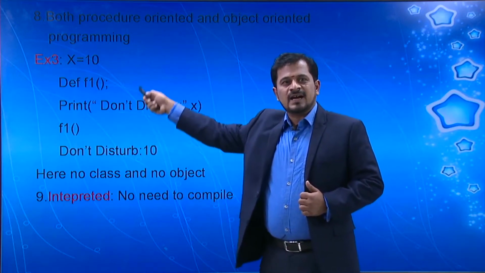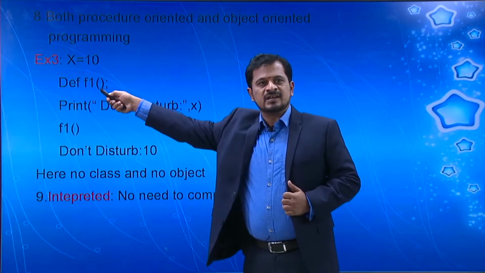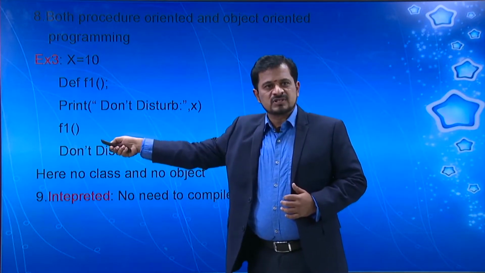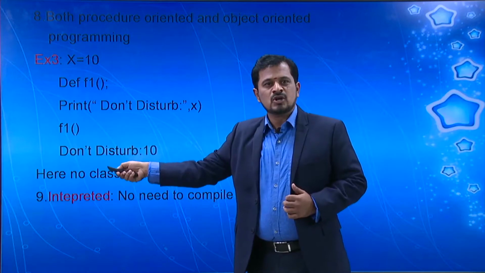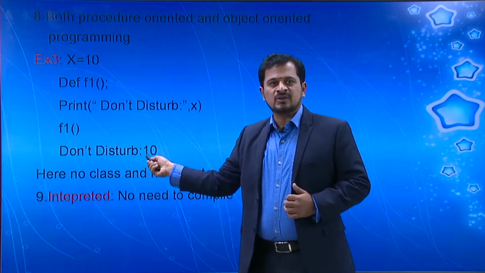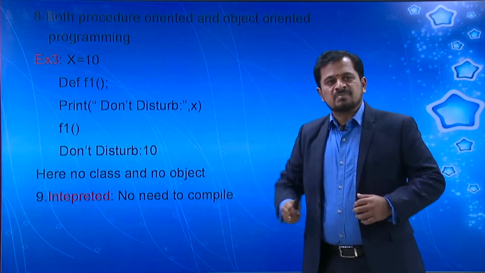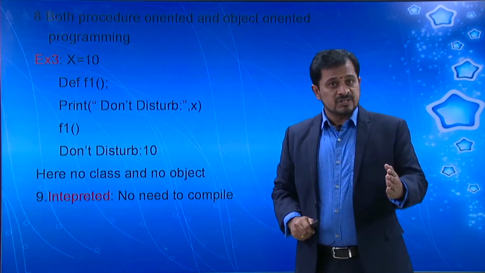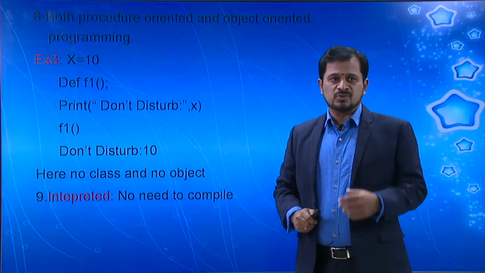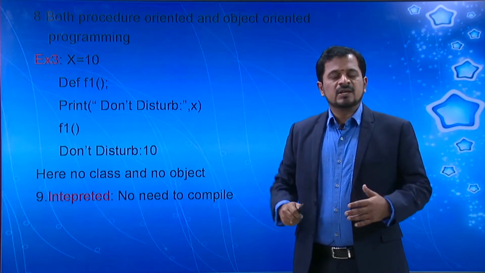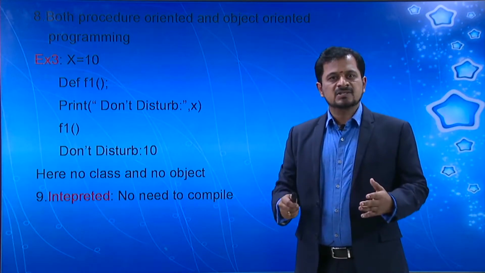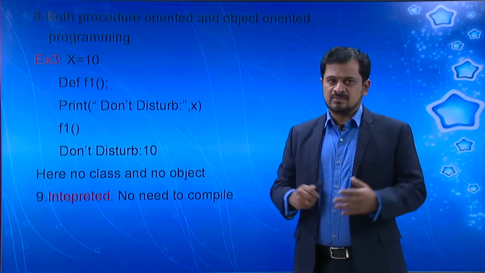So as usual the first procedure is define F1. That X value has been taken from there, so it is 10. So this Python environment supports both procedure oriented as well as object oriented programming. Here we need not declare any class or any object inside the program.